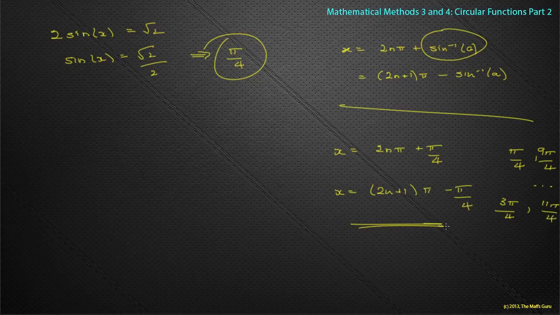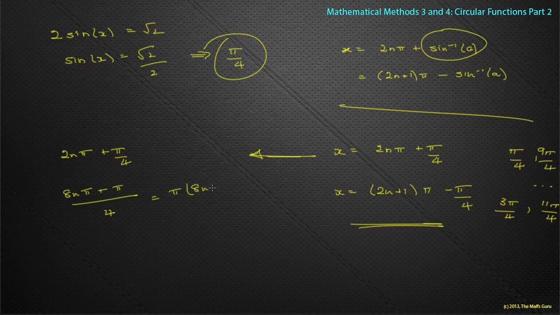So something that comes over as really quite complicated isn't, and we could probably write these in a different form, because if you've got 2nπ plus π/4, you can take π out as a factor. If you were to put this as one fraction, you get π(8n+1)/4, and that's another way they could ask you to write it.